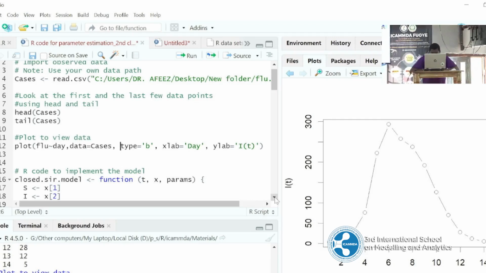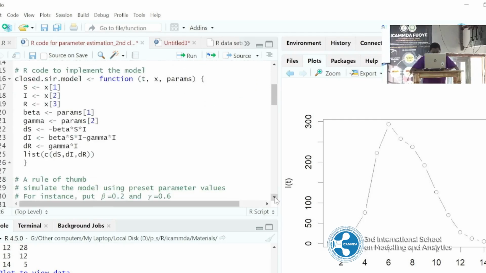So that is the model that I've put here, which I called the Close SIR model. Are we together? And that model, I've told you, is a function of T, X, and params, right?